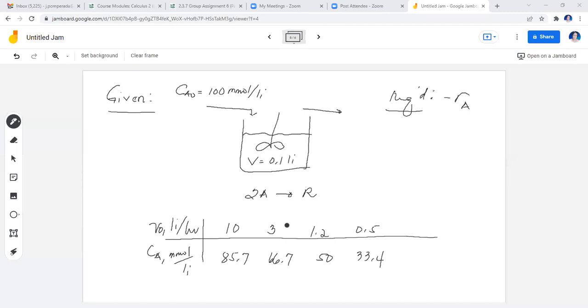So if it's the rate equation or the rate law that is being asked, there are two things that you need to determine. What are these things? Patrick, what do you think are the two things that we need to determine if the rate law or the rate equation is being asked?